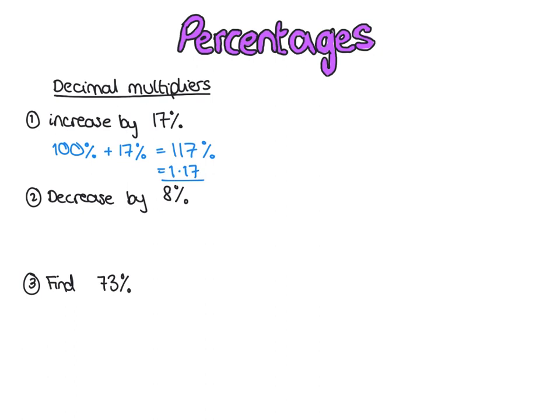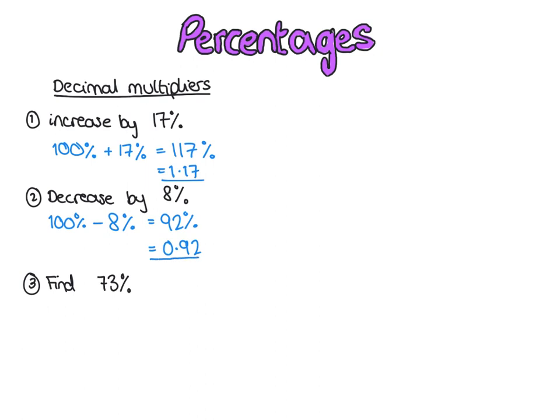To decrease something by 8%, we follow the same logic. We start with 100, we subtract 8%, which gives us 92%. Then we convert 92% to a decimal. So to decrease £50 by 8%, we would multiply £50 by 0.92.